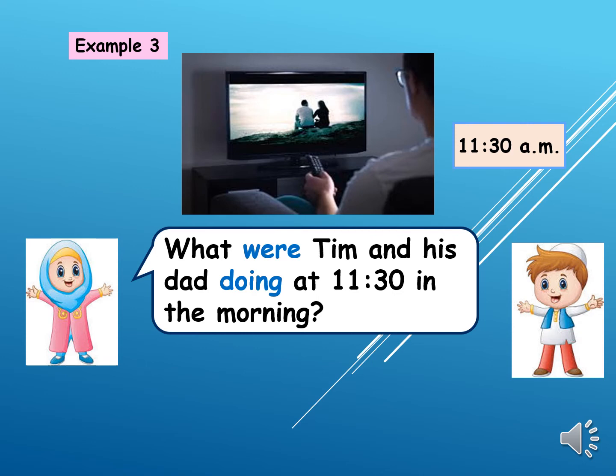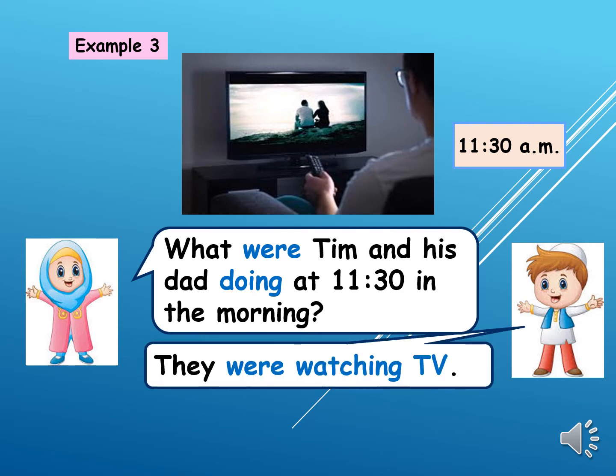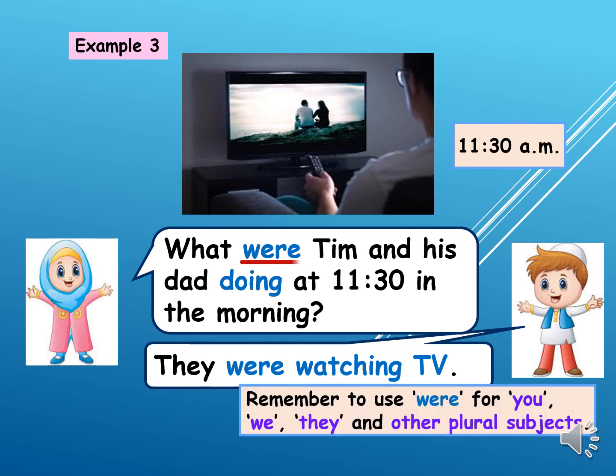So we use were because there are two persons. The boy answered, "They were watching TV," because the subject is they, so we use were. Remember to use were for you, we, they, and other plural subjects. In this case, the plural subjects are Tim and his dad.